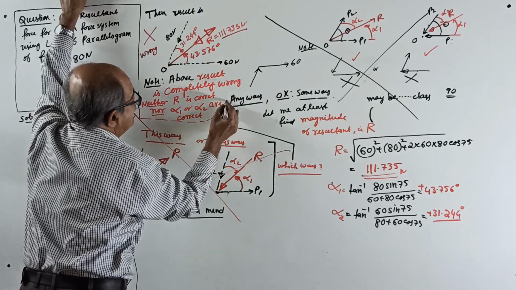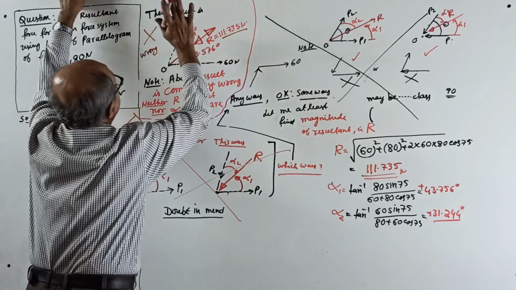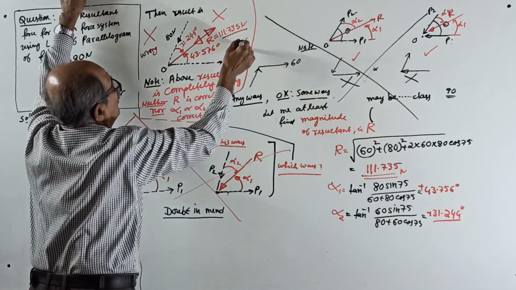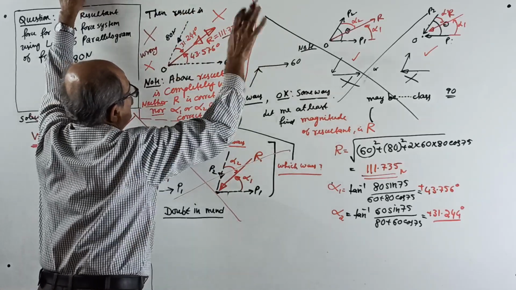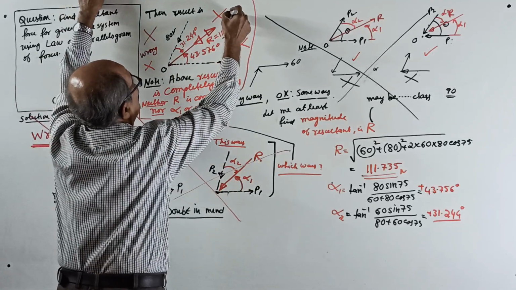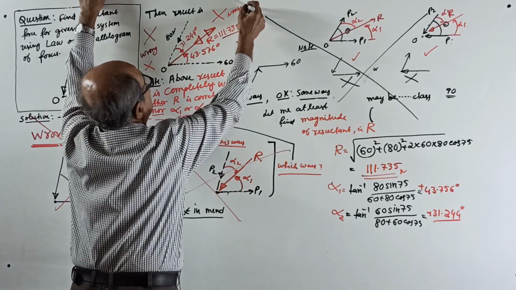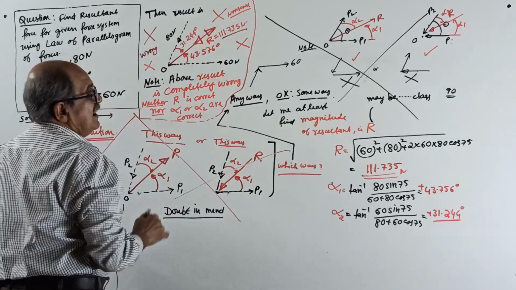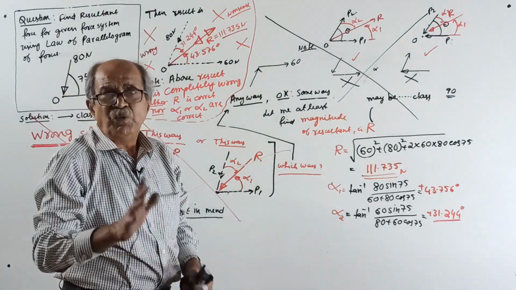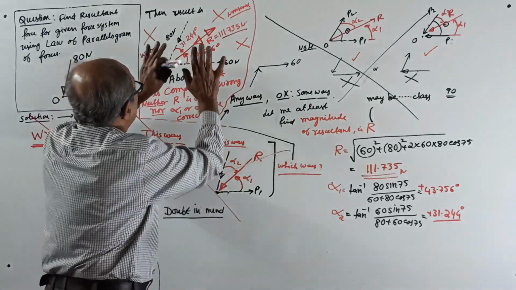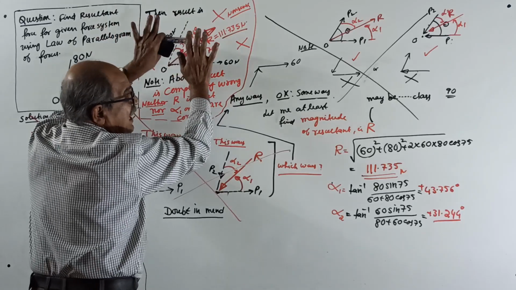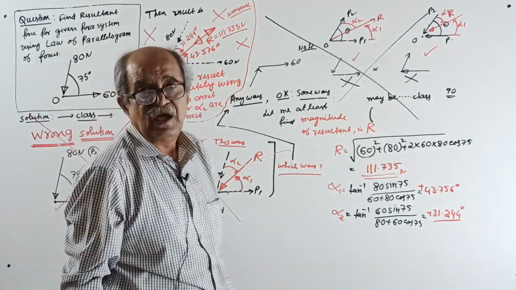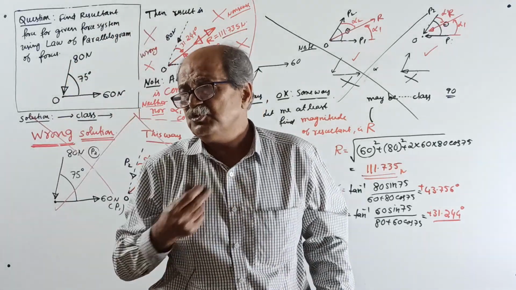This will be there as a warning for you. Remember, wrong, wrong, wrong. Complete nonsense. I write here, nonsense answer. Then, what is the correct procedure? Wait, I will start now. I am not removing this. Let the wrong value be there up to the end of the class. I will write new and explain to save time.